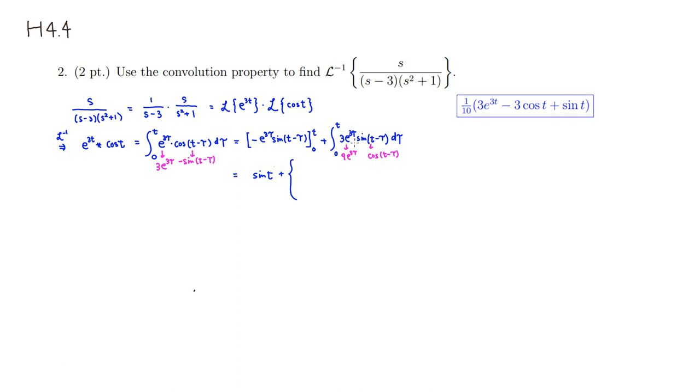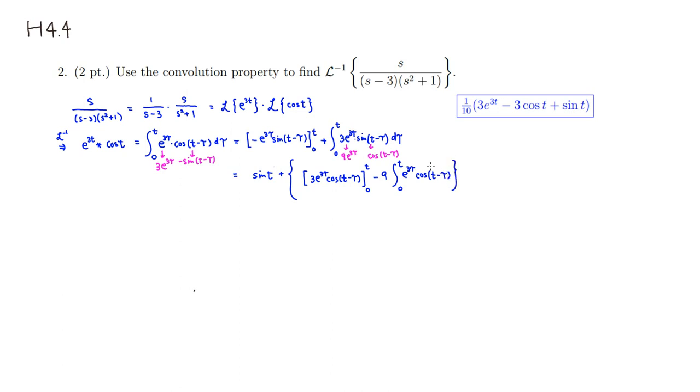So this times that, we have 3 e to the 3 tau times cosine of t minus tau from 0 to t, minus this times that. 9 is just a constant, so I'm going to bring it out: 9 times the integral from 0 to t of e to the 3 tau cosine of t minus tau.